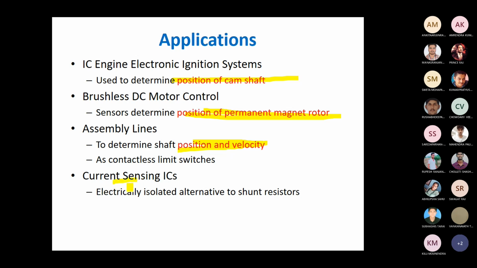The current sensing IC is electrically isolated, as an alternative to a shunt resistor. If there is isolation, then if any fault occurs in the power circuit or control circuit, nothing is replicated to the other side. The voltage, voltage rating and power of the control circuit are very low, almost negligible compared to normal conditions.